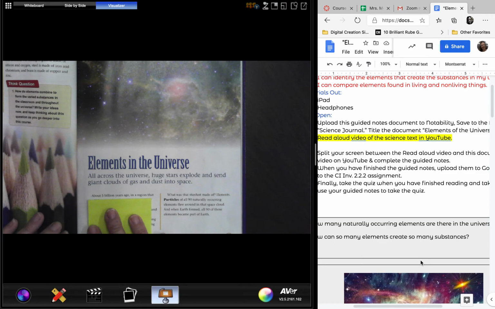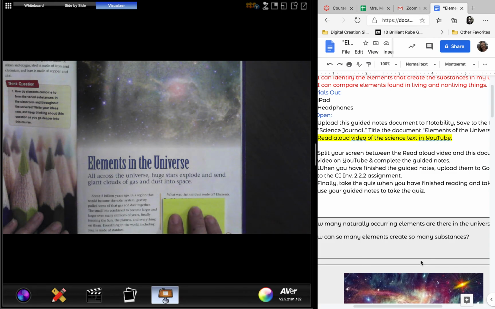About 5 billion years ago, in a region that would become the solar system, gravity pulled some of that gas and dust together. The small bits combined to make larger and larger over millions of years, finally forming the sun, the planets, and everything on them. Everything in the world, including you, is made of stardust.